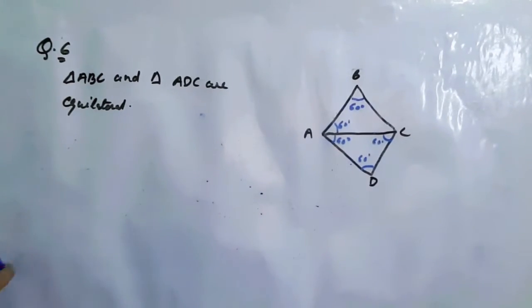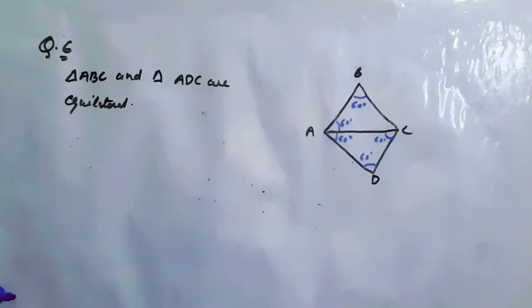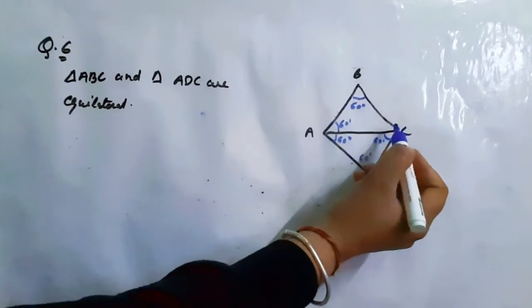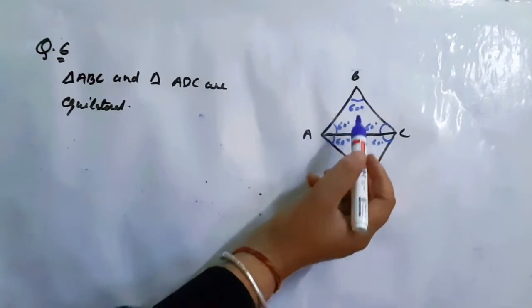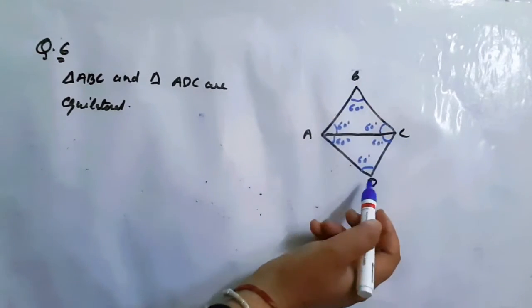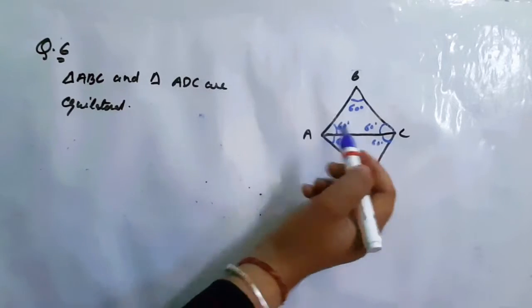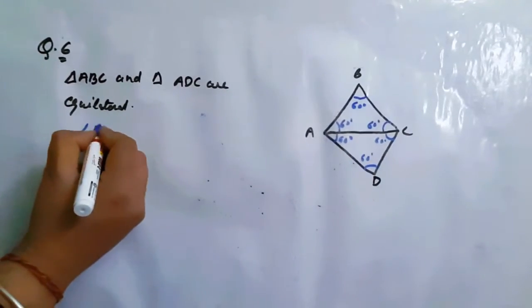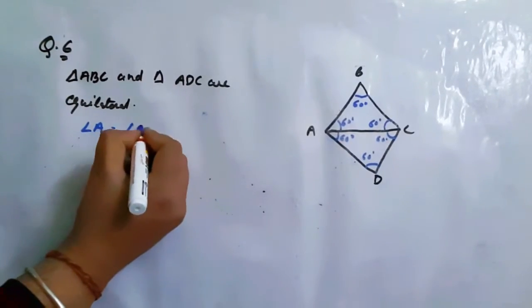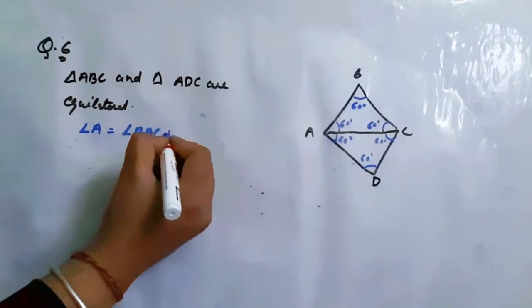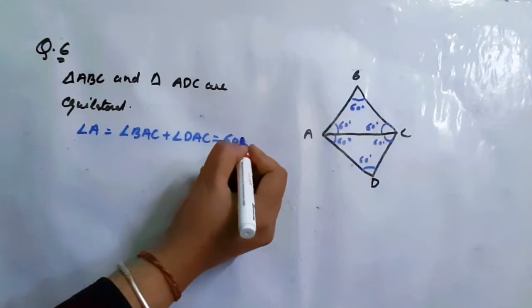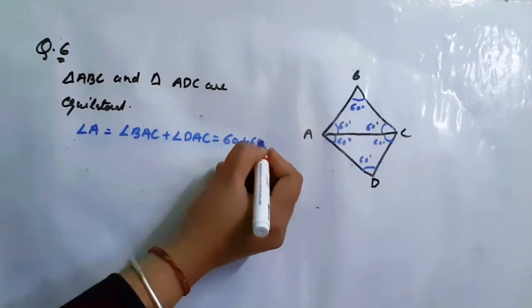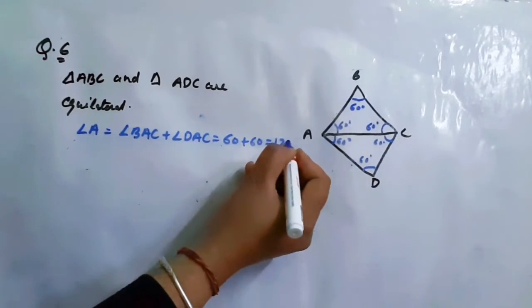Now, what we have to do? We have to find all angles. Now you can see in the figure that angle A is the sum of angle BAC and DAC. So angle A will be equal to angle BAC plus angle DAC, which is equal to 60 plus 60, which is equal to 120 degrees.